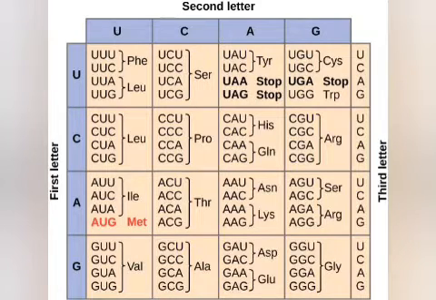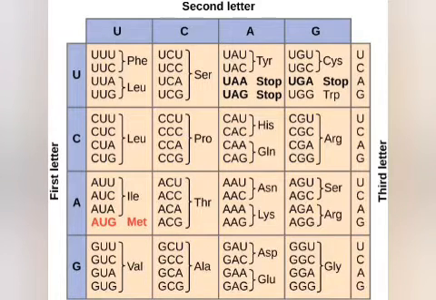If we assume that only one nitrogen base can code for an amino acid, then there are only 4 codons. Again, if 2 nitrogen bases code for an amino acid, then there are 16 codons.